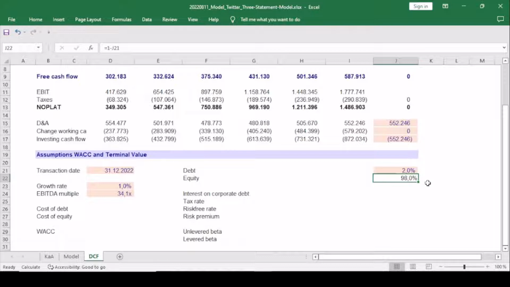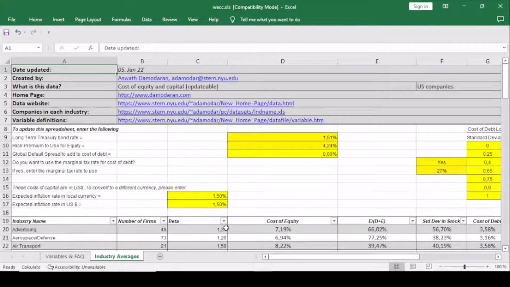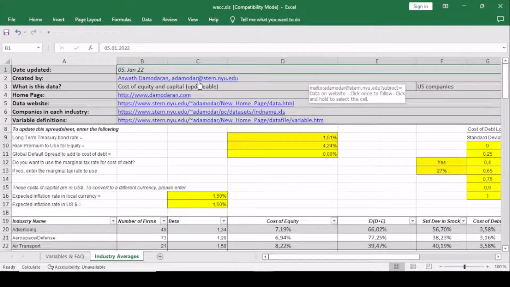As for example, in our case, the data collected by Professor Damodaran was last updated in January 2022. In the meantime, there has been a lot of action in the capital markets. So therefore, always check what is currently happening on a macroeconomic level.